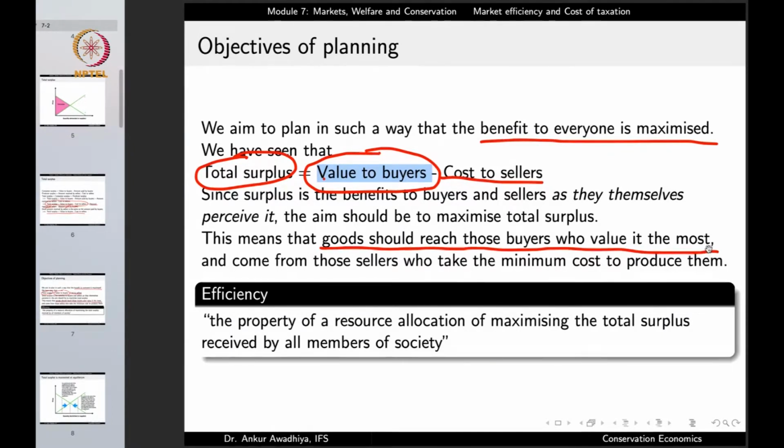At the same time, it should come from those sellers who take the minimum cost to produce them. Because in this equation, when the cost to the sellers is reduced, then the total surplus increases. And which is what the objective of planning should be. So in the case of a proper planning, we are trying to maximize the surplus of the society.